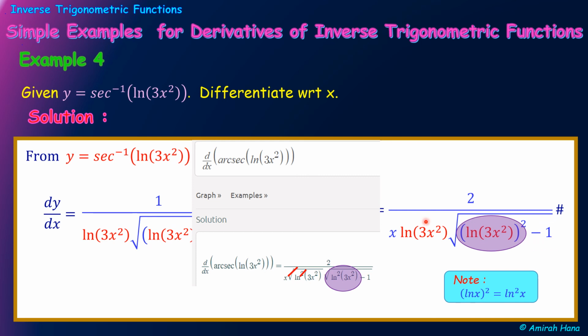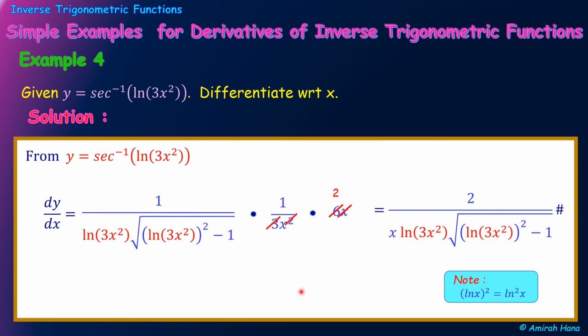So this is the final answer when we use the algebraic method, when we solve manually, when we differentiate manually, and this is the final answer when we differentiate using symbollab.com, when we use the command d over dx here. This is from here, after we simplify. This is the final answer.